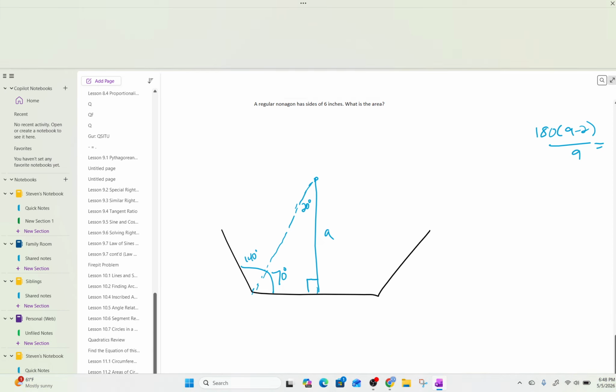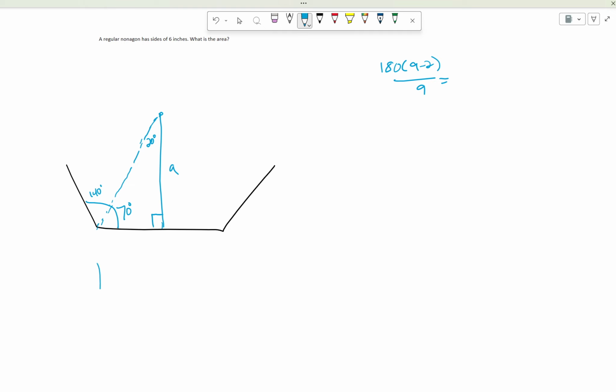Now it says that the side is 6 inches, right? This whole side is 6, which means that this, because the apothem is that perpendicular bisector, is going to be 3. I have enough information to figure all this out because now I need to find this apothem and I get to use trig.